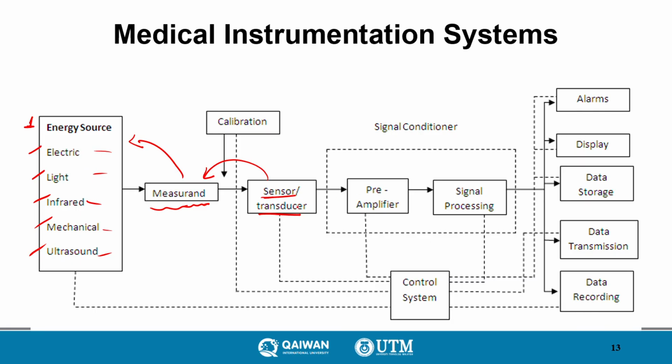The output of the sensor or transducer is then amplified, and the signal is processed, like filtration and ADC, digital converters, etc. This is called the signal conditioner. So the first part is the energy source or the signal, then there will be the measurement, sensor, and the signal conditioner.